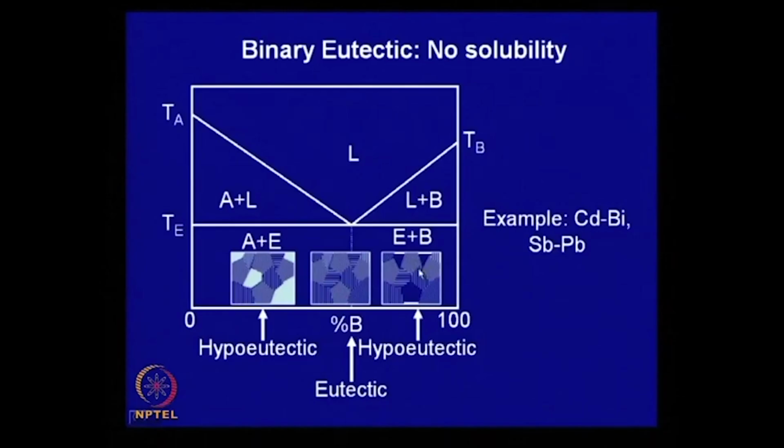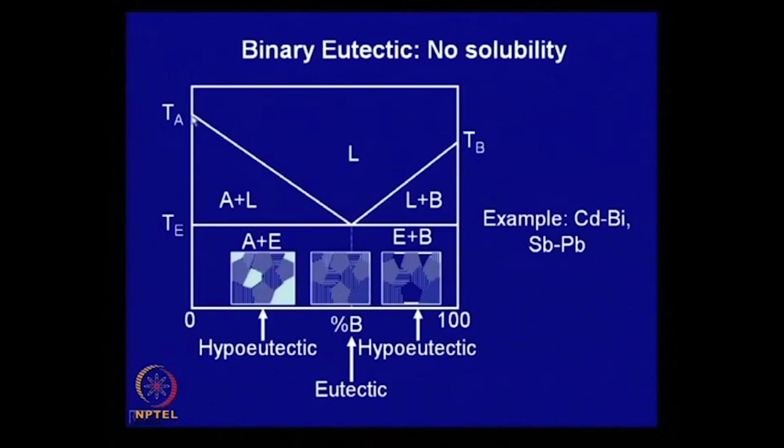Now, using thermodynamics, it is also possible to calculate, for example in the case of cadmium-bismuth, if the melting points of cadmium and bismuth are known, and the latent heats of fusion of cadmium and bismuth are known, and if we assume that the liquid is an ideal solution, it is possible to calculate from these thermodynamic data, that means melting point and heat of fusion, the eutectic temperature and eutectic composition.